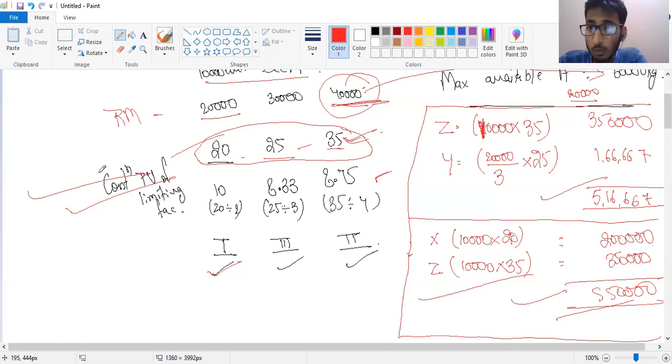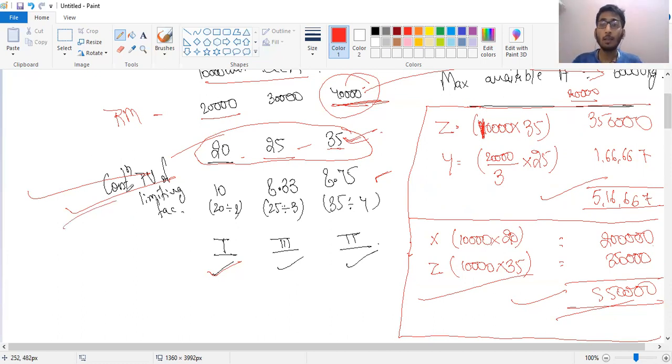Okay. So basically why are we prioritizing as per unit of limiting factor? Because all other things are available to us in sufficient number, but this is the thing which is not available in sufficient number. So we need to utilize that particular thing in its best way.